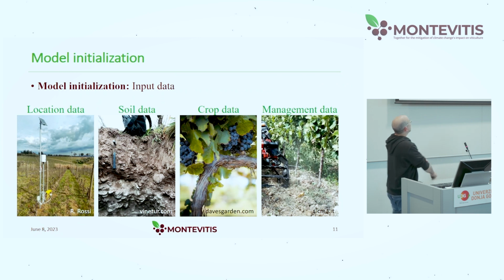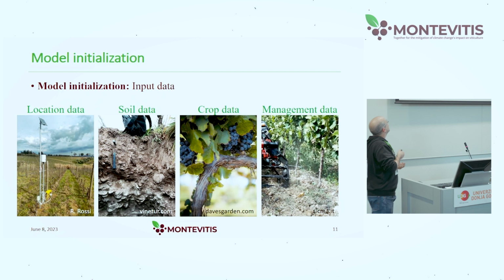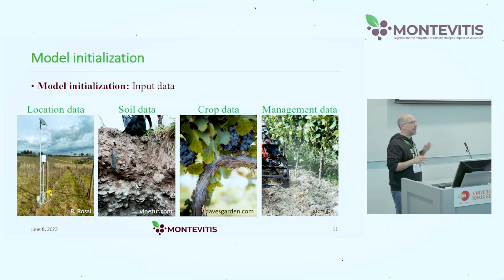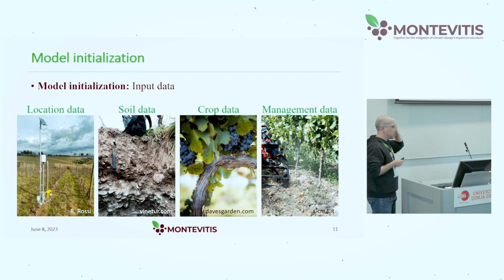If we consider the different steps for modeling, we need some data that is necessary. In this case, I will focus mainly on the process-based models. For location data, we need not only the position of the vineyard, because, for example, in some cases, the latitude is important for knowing the trend of the radiation, but also the weather data.